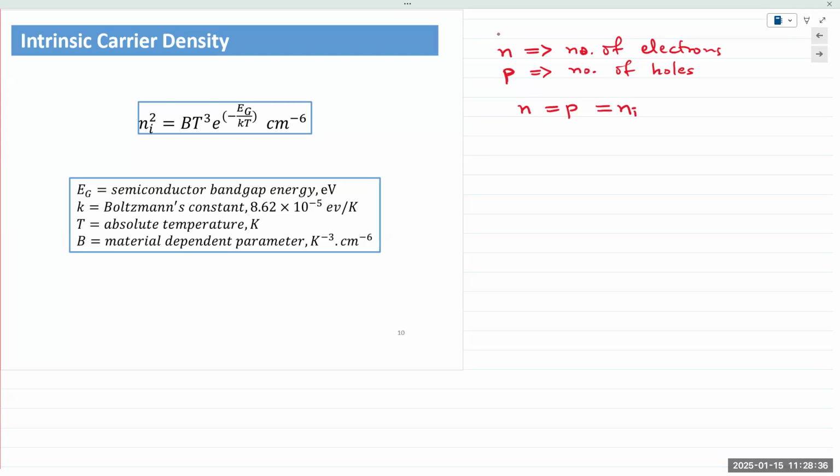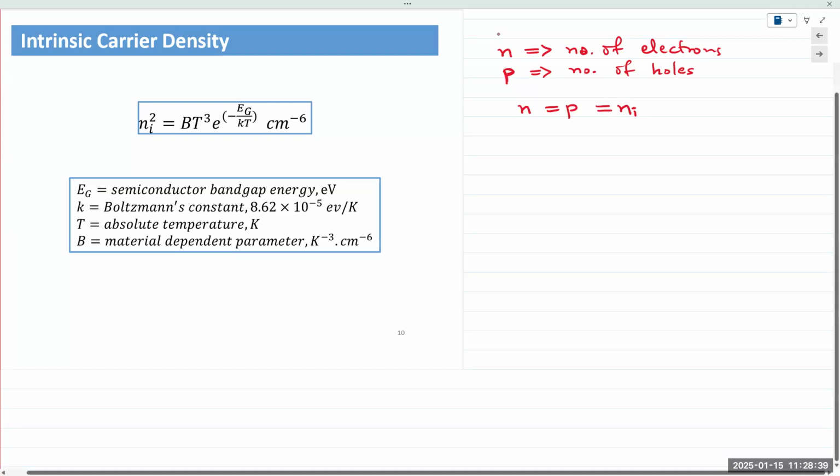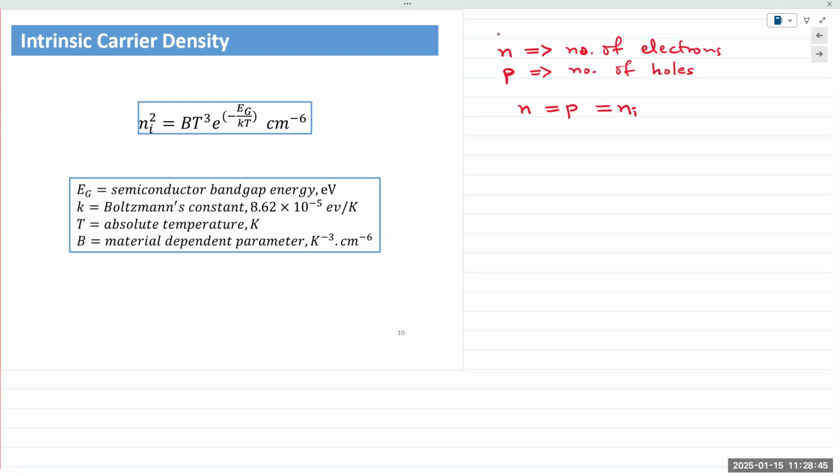Now I want to distinguish between n, the number of electrons, and ni, which is simply the number of charge carriers. ni could represent both n as well as p. Okay, n is for electrons, p is for holes, but ni represents both p as well as n. And so ni is the number of intrinsic charge carriers.